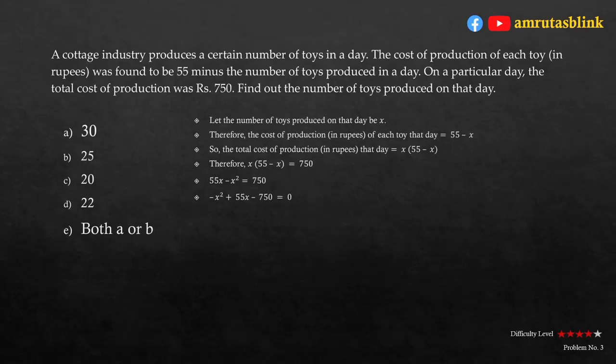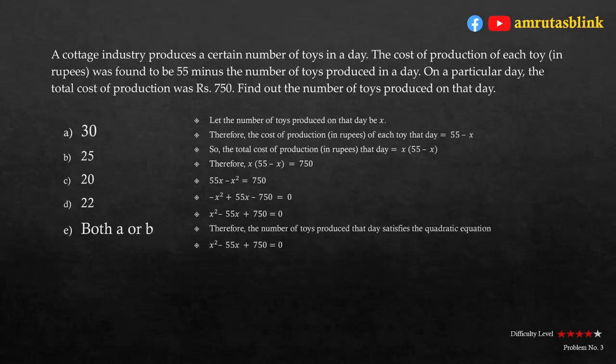Now we will multiply the complete equation by minus 1. So X square minus 55X plus 750 is equal to 0. Now we need to find out two factors of plus 750, which will give us the summation of minus 55, that is nothing but minus 30 and minus 25.